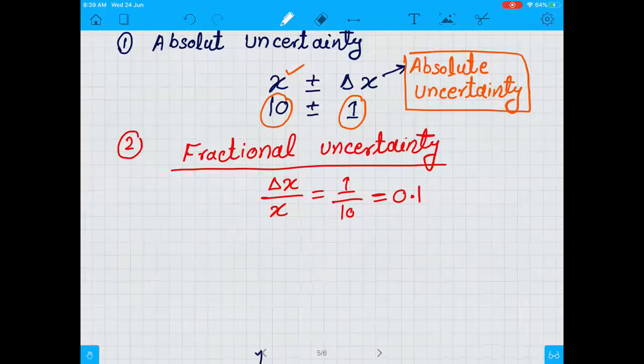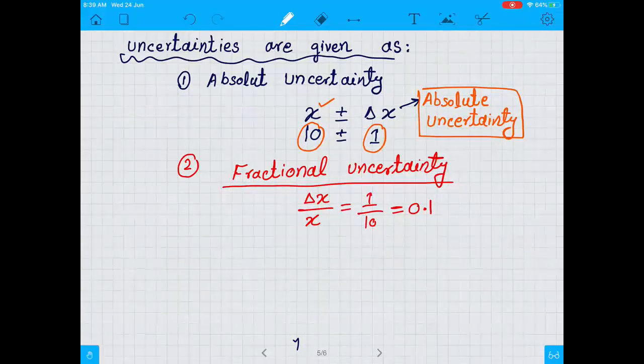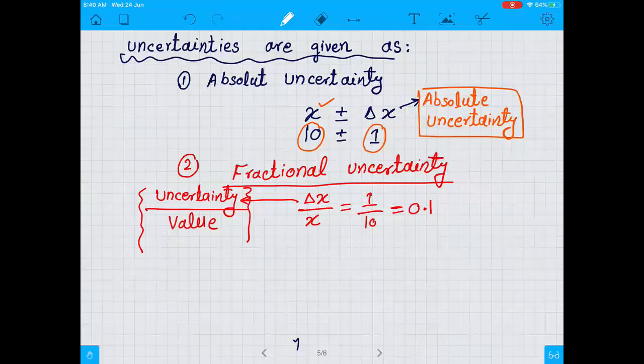So fractional uncertainty is basically dividing the uncertainty over value, and it is given as out of 1.